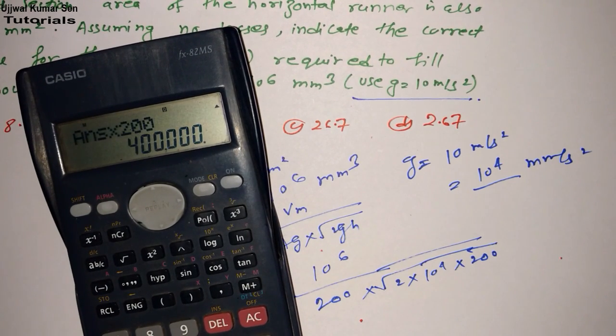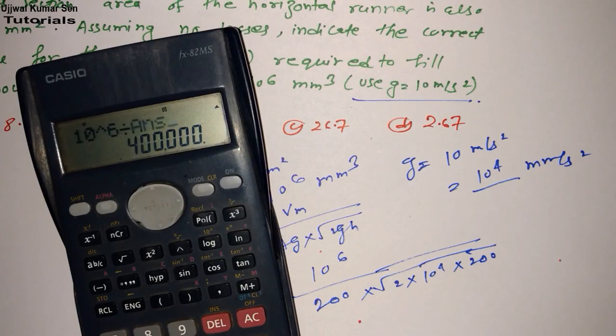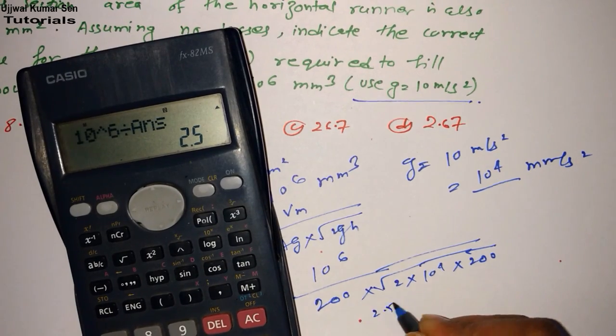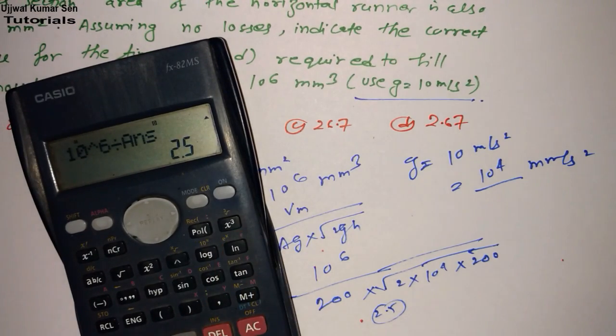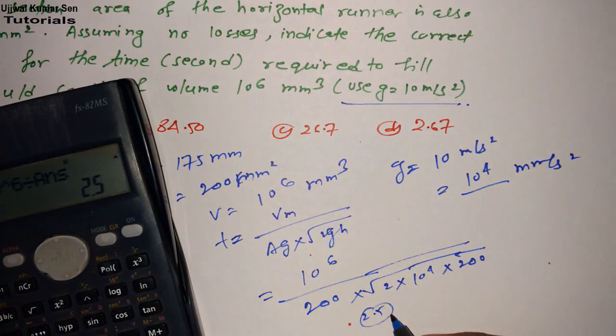Probably I'm doing right. So 10 to the power 6 divided by the answer is 2.5. Am I doing anything wrong?